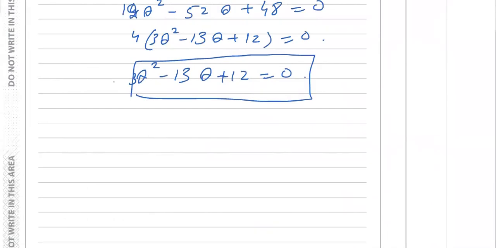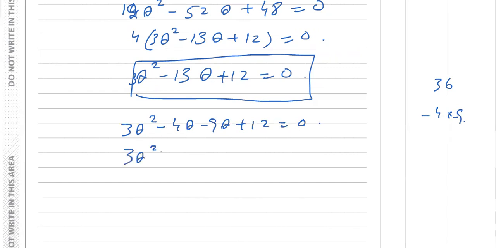Now for making the factors, we use 3 times 12, which is 36. Factors of 36 that can give me minus 13 by adding: 4 times 9, if both are negative. So 3 theta squared minus 4 theta minus 9 theta plus 12 equals 0. And rearrange them a little for easy factorization.